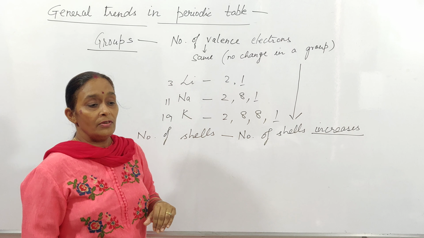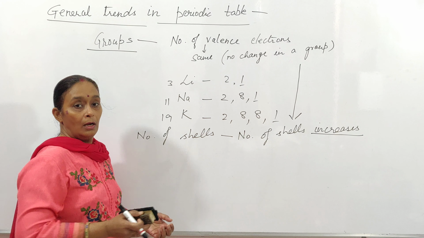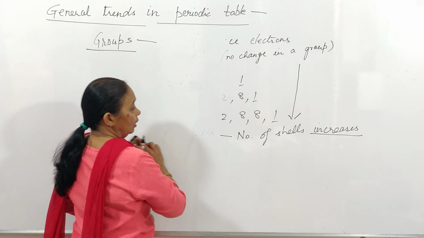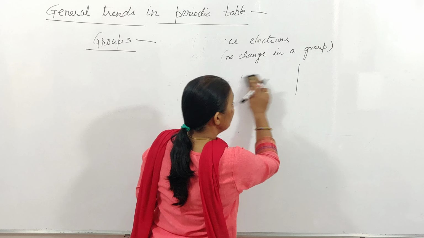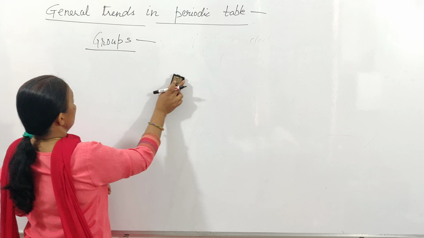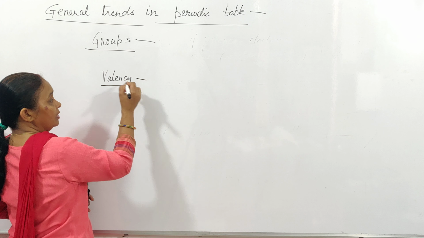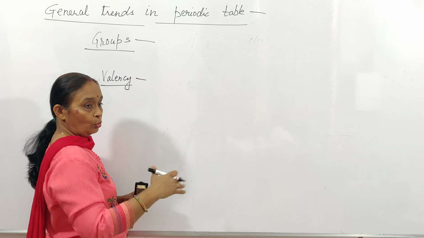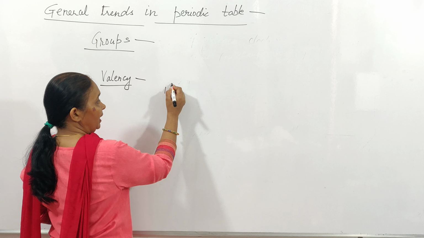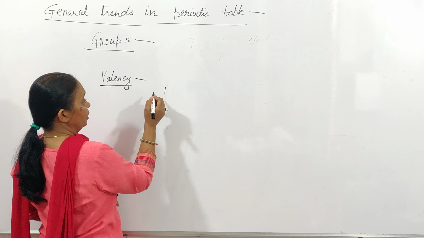Now the other property which I am going to discuss in groups is the second property, that is valency. If you see the valency of various elements when you move group wise, what do you find? Let us take valency of the elements. Suppose let's take few groups and the elements. Let us take first group element, that is lithium and sodium.